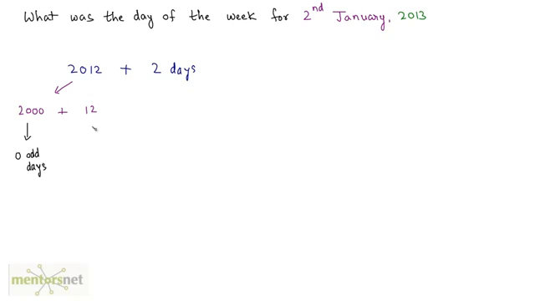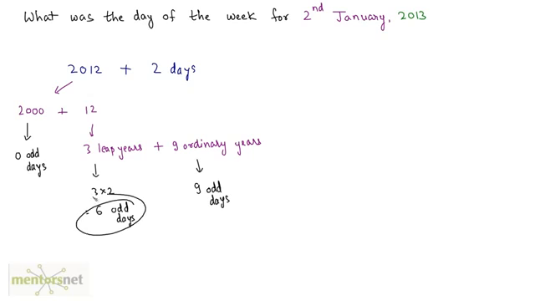Plus how many odd days are there for 12 years? Well, 12 years has 3 leap years, isn't it? So 3 leap years plus the rest are ordinary years, so we have 9 ordinary years. In 1 leap year we have 2 odd days, so in 3 leap years we have 3 times 2, that is 6 odd days. Whereas in 9 ordinary years we have 9 odd days, because 1 ordinary year has 1 odd day.